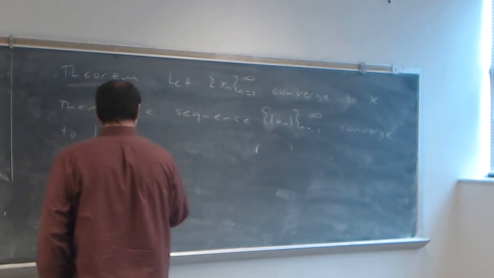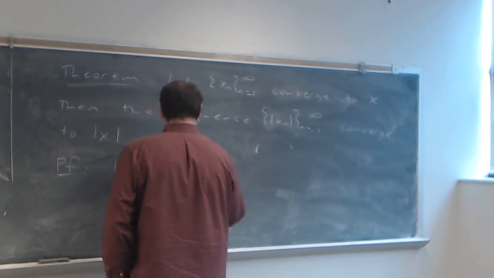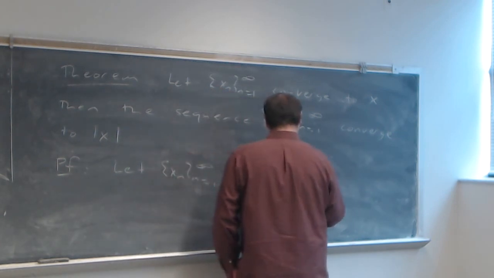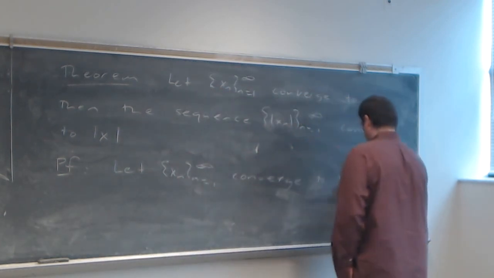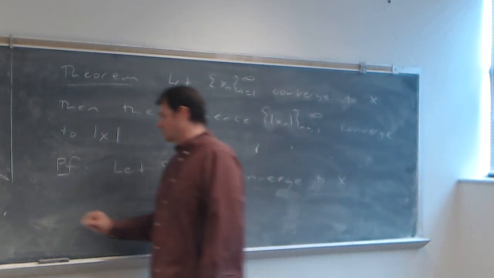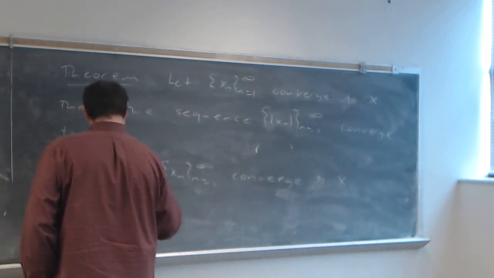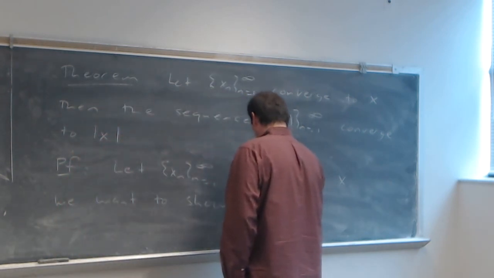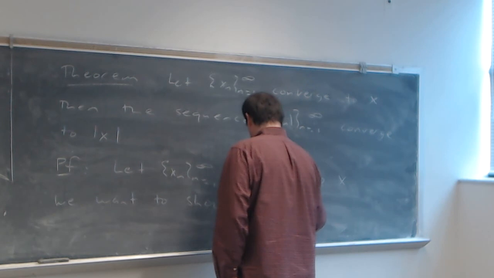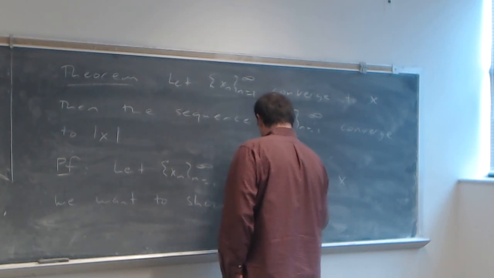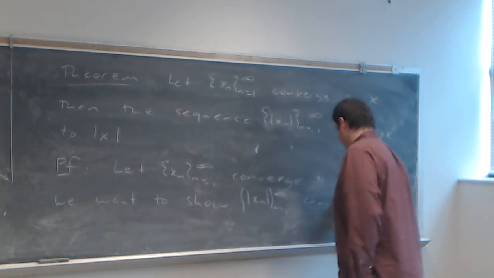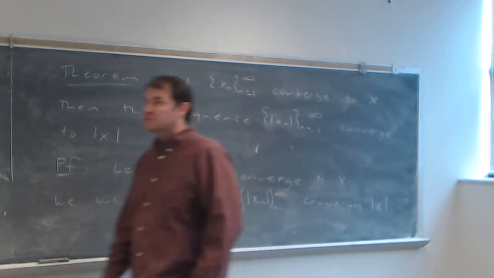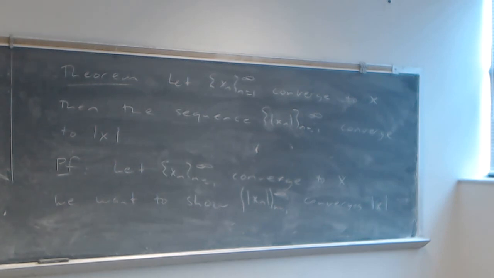So let's let x sub n converge to x. We want to show the absolute value of x sub n as a sequence converges to the absolute value of x.